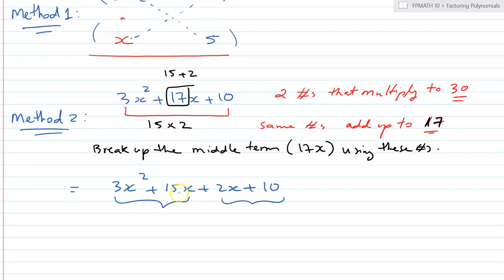So I'm going to put a bracket like that and like that. For the first two terms, what is the GCF? The GCF is 3x, open the bracket, you get x plus 5, plus. For the second one, 2x plus 10, what is the GCF? It is 2. Take the 2 out, you get x plus 5.